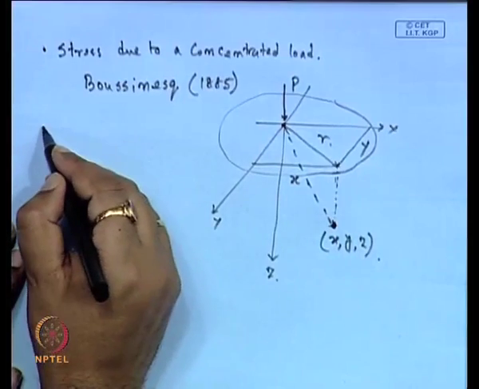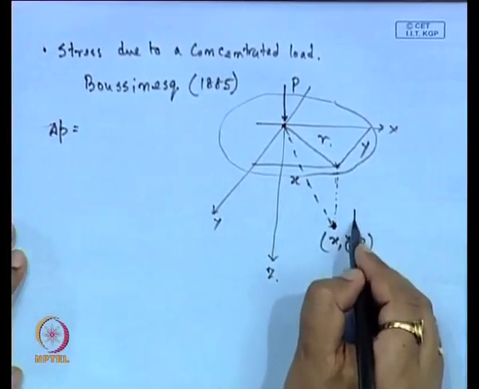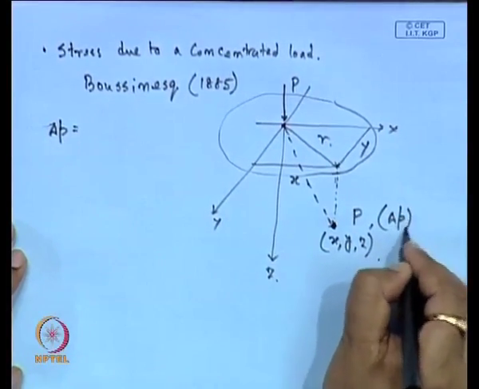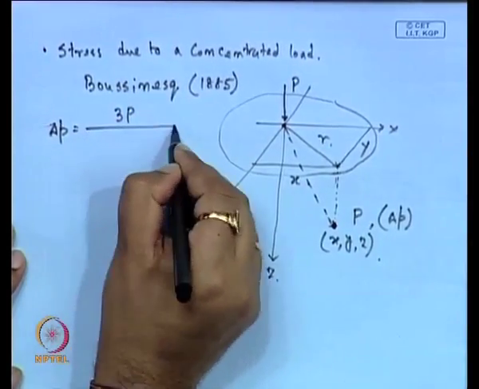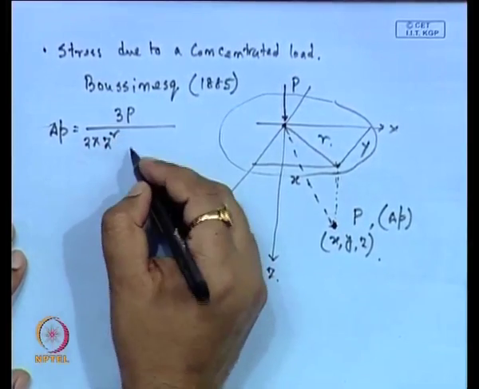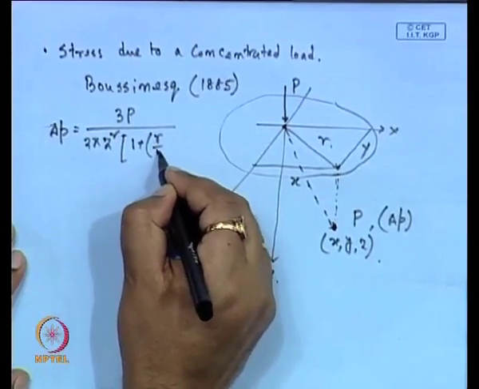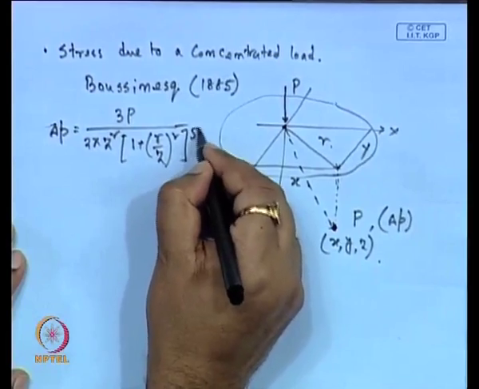According to Boussinesq's expression, del P, the increment of load at this point P, we can say is 3P divided by 2 pi z square, times 1 plus r by z whole square to the power 5 by 2.